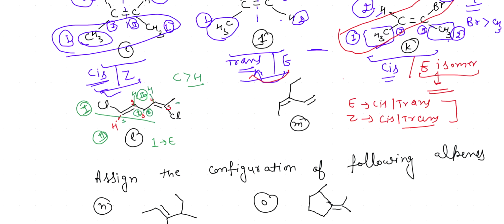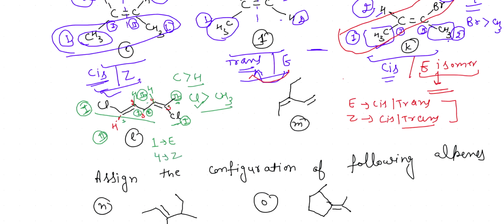Among chlorine and methyl group, chlorine is given the highest priority because it has a higher atomic number. So this is your 1 and this is ranked as 2. In this case, both high priority groups are present on the same side, so carbon number 4 is given Z configuration.